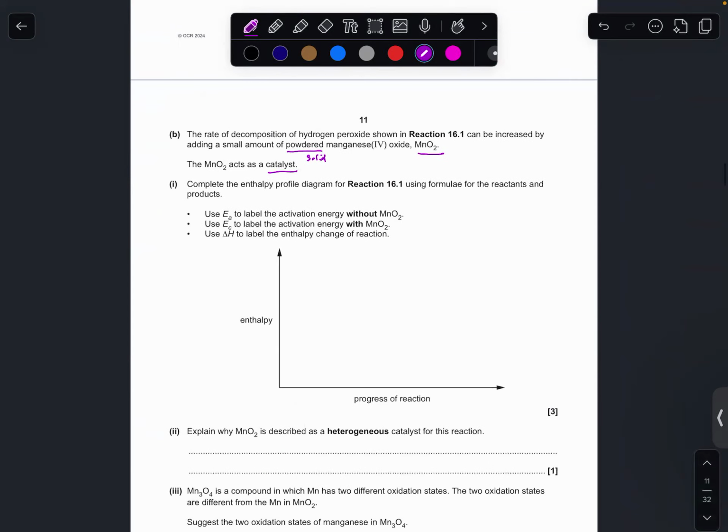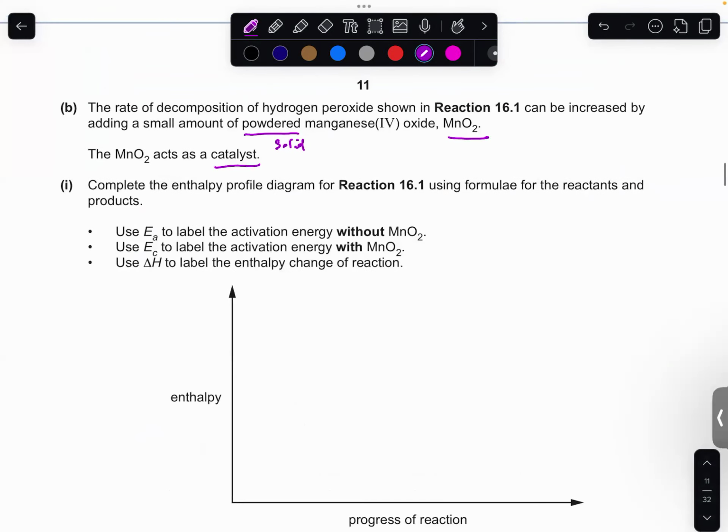So your reactants will be at a higher level, and you've got your products at a lower energy level. So what we've got is hydrogen peroxide here, which is a liquid. You've got water forming, which is a liquid, and half O2, which is a gas.